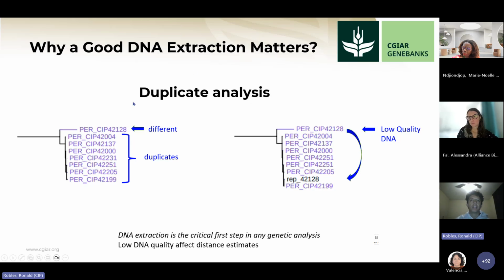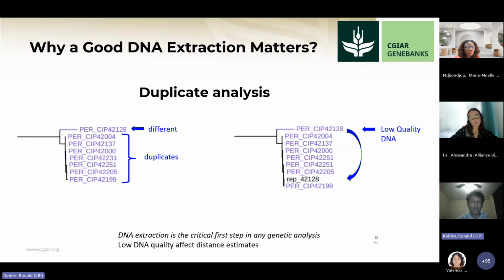For example, here we have an analysis of duplicates. On the left side, we have one cluster. Imagine that after our analysis is done, we obtain a tree.